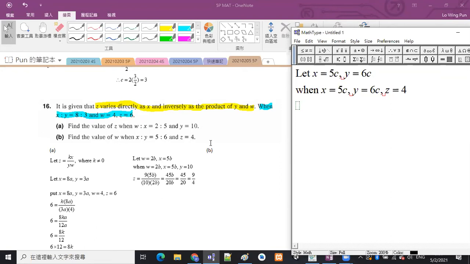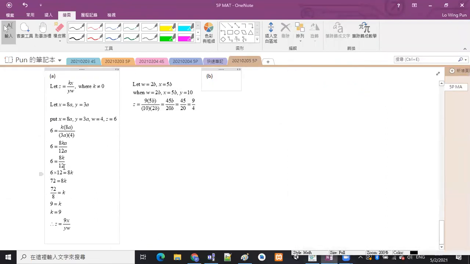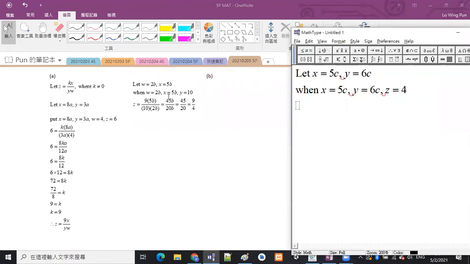4個即係 w x y z 條式裏邊有4個未知數，我哋擺3個嘅資料入去就可以計到第4個出嚟。小心啲喎，個 z 等於 9xy over yw，咁所以個 z 就變咗4，等於9乘以 x 即係 5c over y 即係 6c, and then times w。今次係要揾個 w。我哋又化簡咗先，分子化簡咗，分母亦都化簡咗。4 is equal to 9 times 5c becomes 45c.